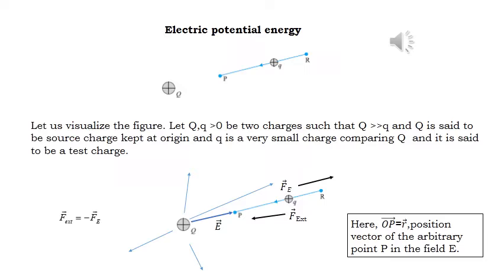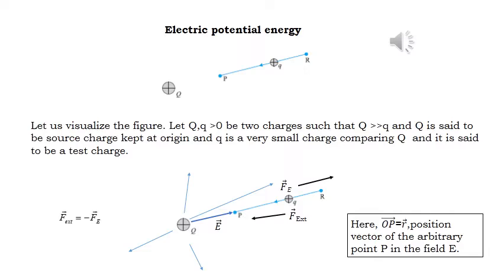It will develop an electric field, and small q is a very small charge compared to capital Q. So the electric field developed by small q will not affect that of capital Q. So small q is not the predominant one. So small q is said to be the test charge.